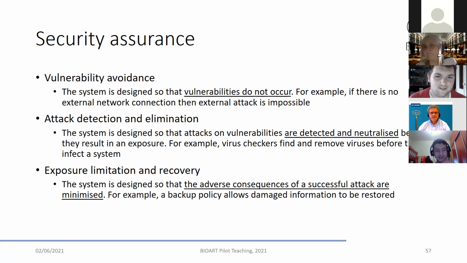You said that it's for rich people. What should we do if we are already poor? I'm not very clear on the question. You said only rich people can afford this. What can rich people afford? Security assurance? No, I didn't tell this.